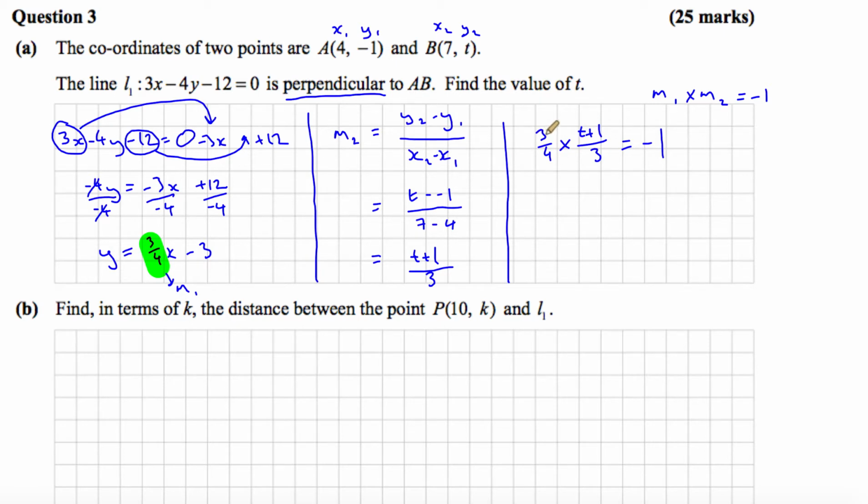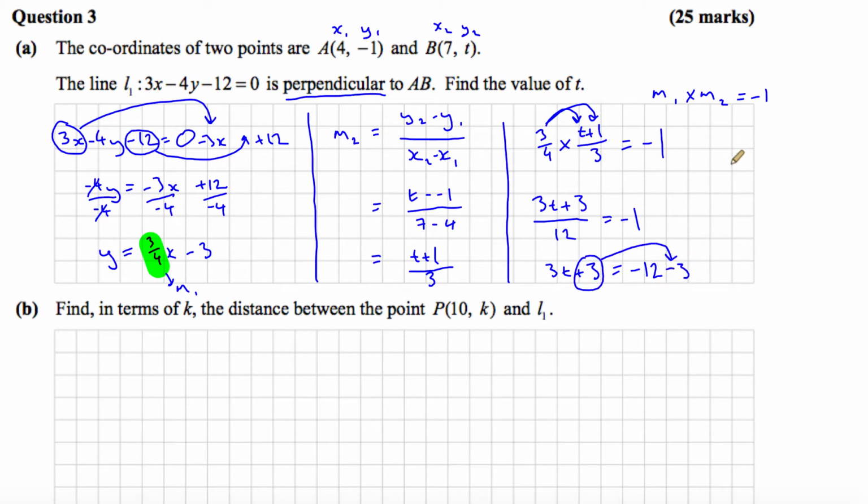So we're now going to multiply these fractions together, numerator by numerator. Careful here, the 3 gets multiplied by the t and by the 1. So that's 3t plus 3. Multiply the denominators. 4 by 3 is 12. That's -1. Multiply both sides by 12. Gives us 3t + 3 = -12. Bring this positive 3 over.